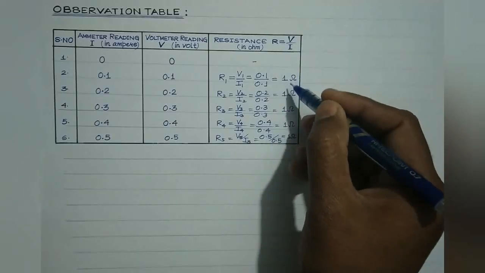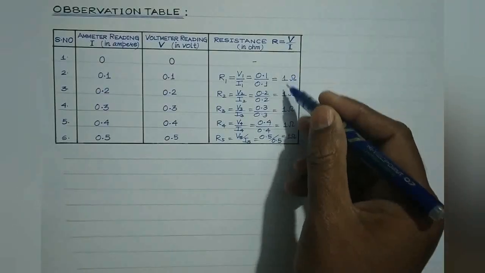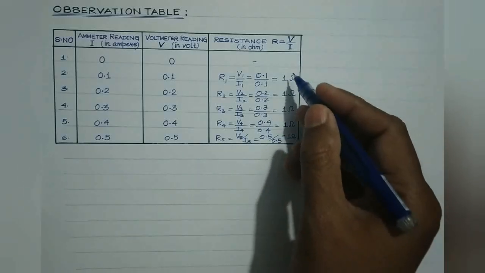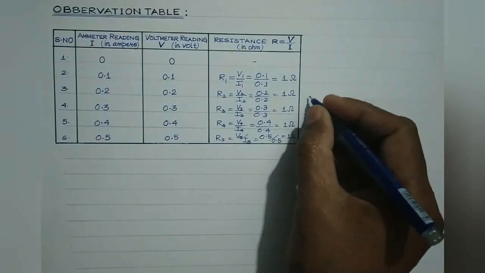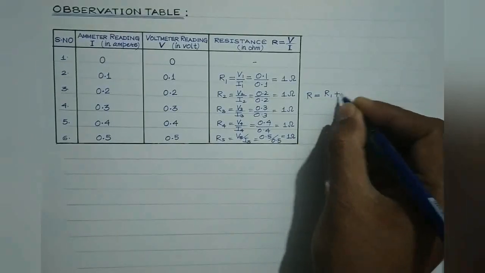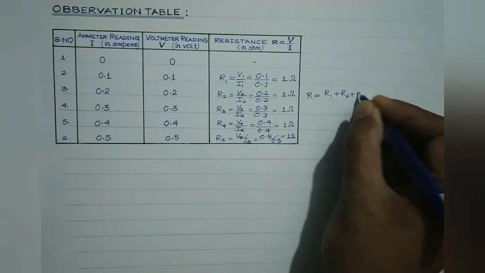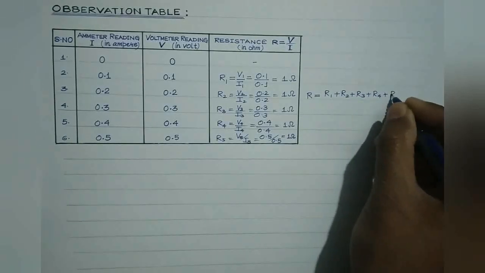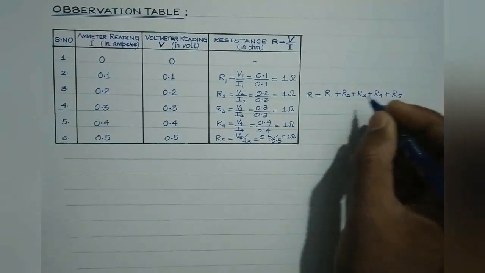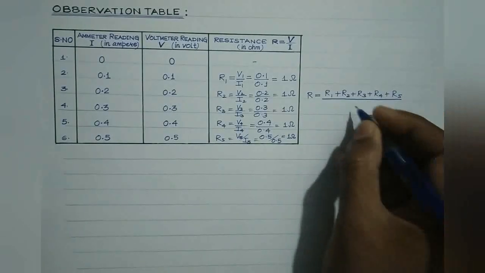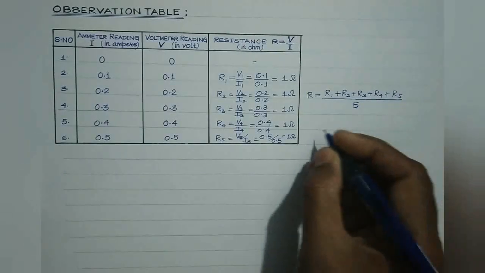But in case these values vary slightly, then it is preferable to take the mean value of these observed values. So R would be equal to R1 plus R2 plus R3 plus R4 plus R5, divided by 5. That is, arithmetic mean is sum of all the observations divided by total number of observations.